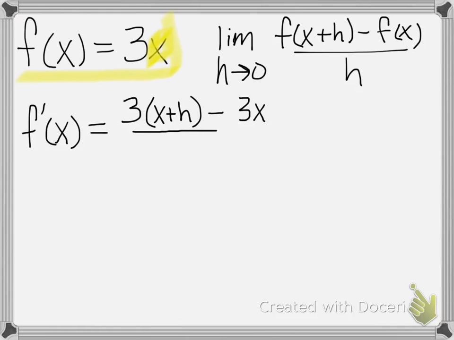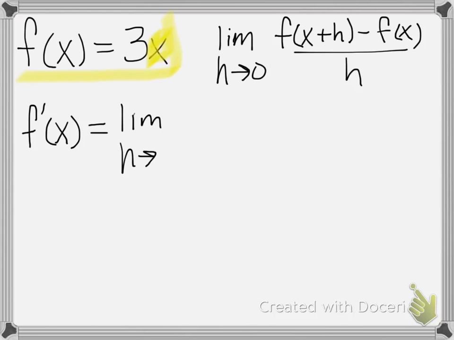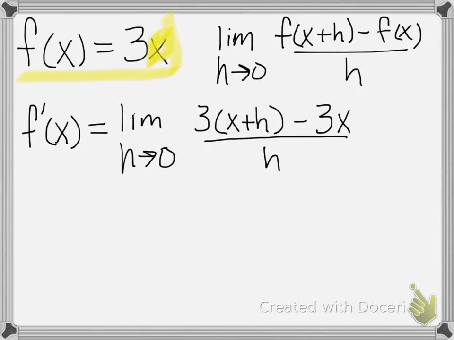That is going to be all over, well, let's see, let me actually write that. We're going to have the limit as h goes to 0 of our 3 times x plus h in for that x, minus our 3x, which is our f of x, all over h.